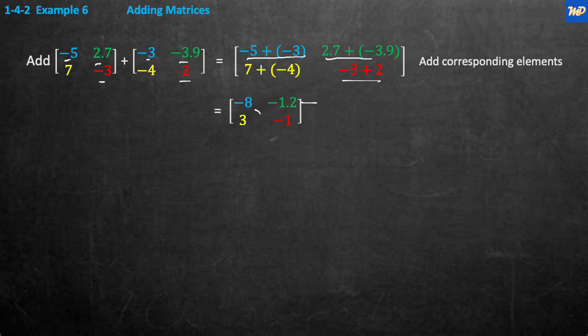Oh, excuse me, it's late in the day for me. 7 plus -4 is 3. And then finally, -3 plus 2 is -1. Hopefully that didn't confuse you. I was supposed to add each of these individually, and I started jumping to try to add the 2 of these again. It was kind of a little memory mysteriousness here.